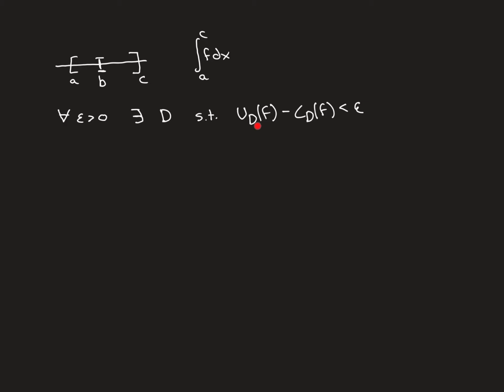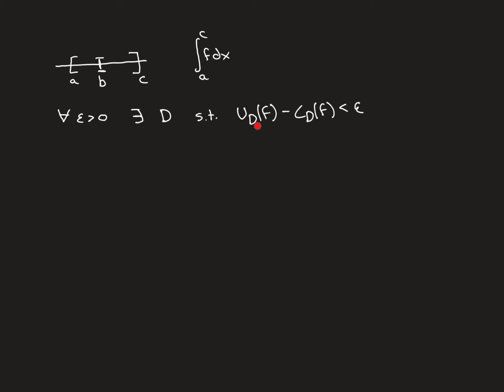If we're trying to show that this holds true for the interval AB, surely we could use the fact that this holds true for the entire interval AC to do that, because these upper and lower Riemann sums over the entire interval AC contain upper Riemann sums and lower Riemann sums over just that smaller part of the interval AB.